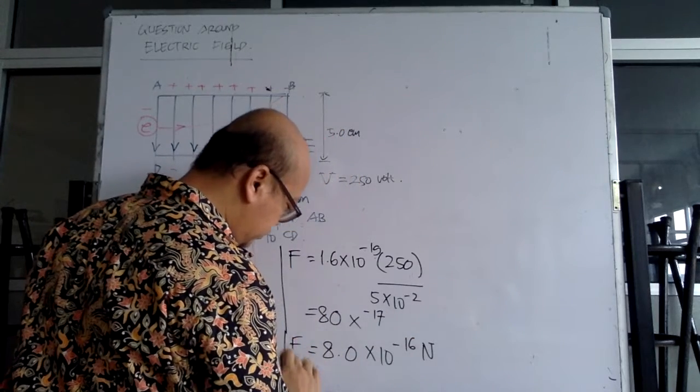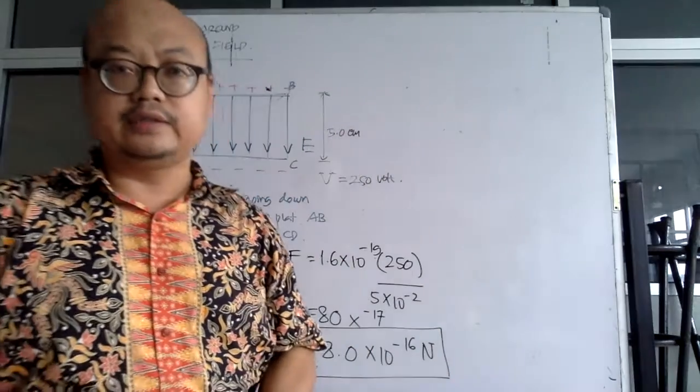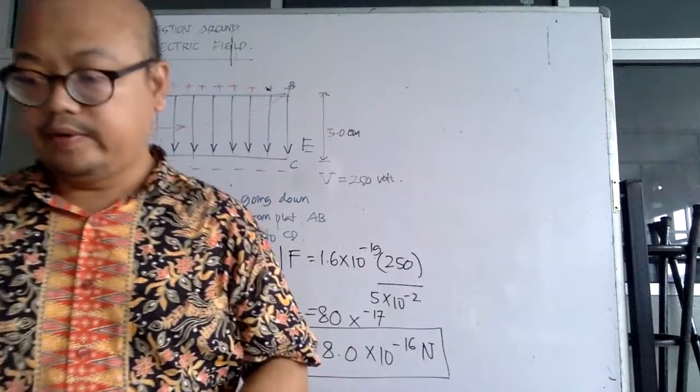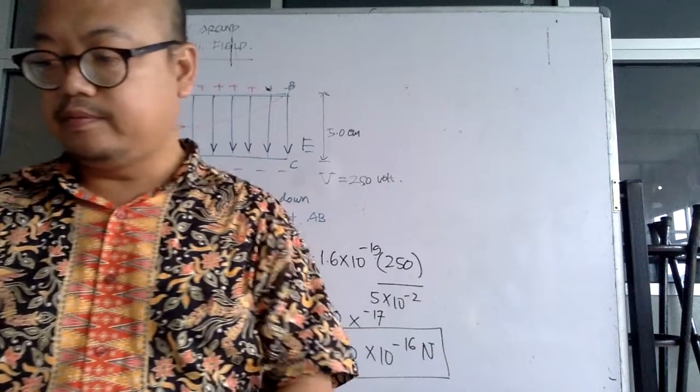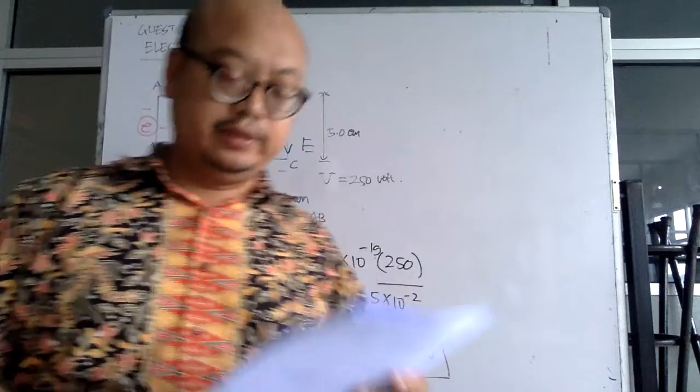This is the force on the electron when it moves from the middle of AD to point B.